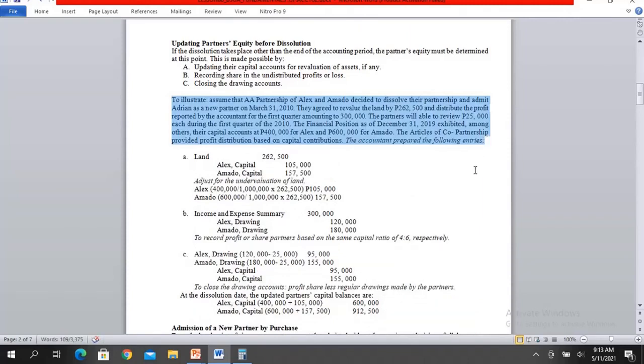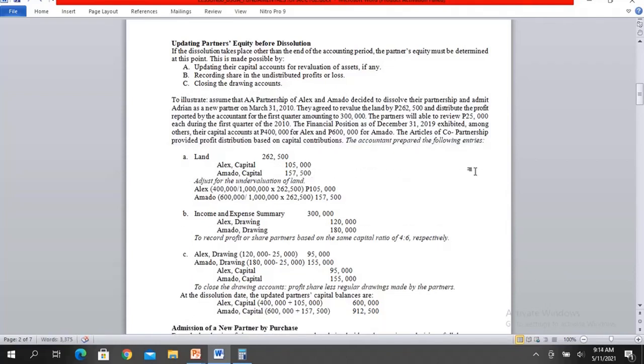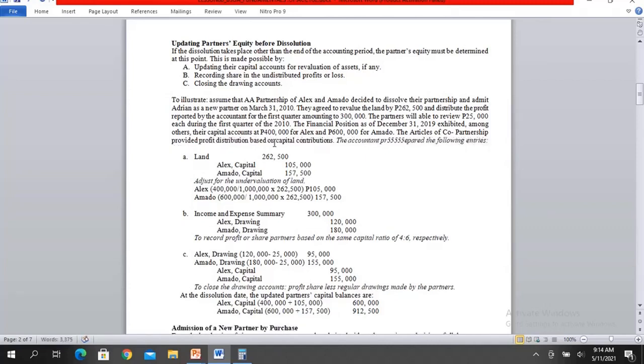So the financial position as of December 31, 2019 exhibit among the others their capital accounts at 400,000 for Alex. Tapos si Amado meron siyang 600,000.